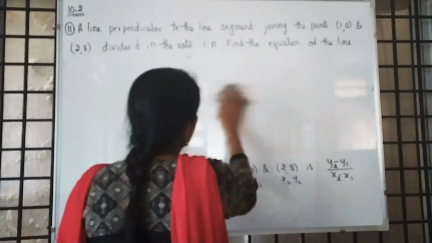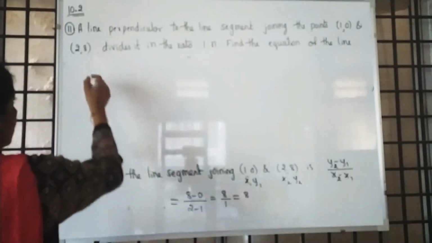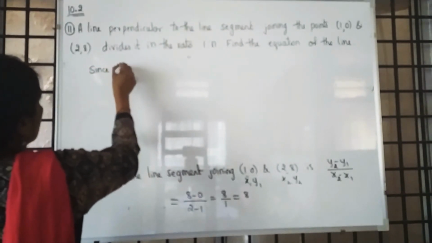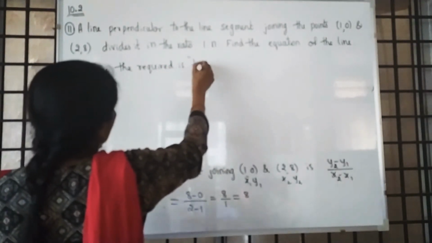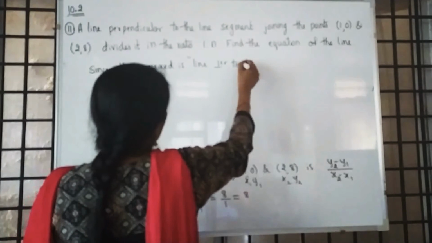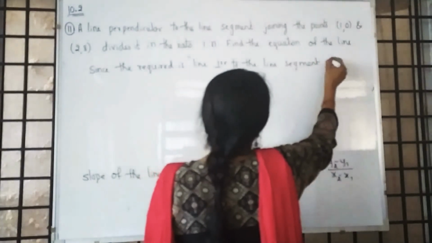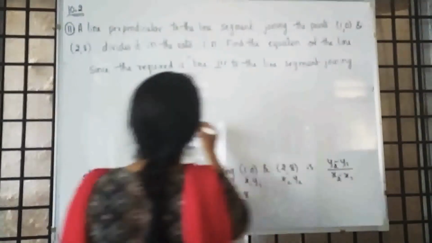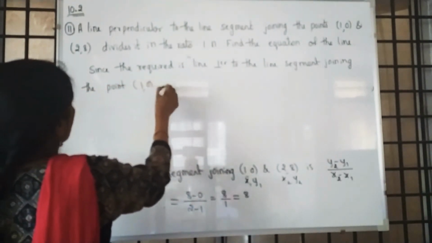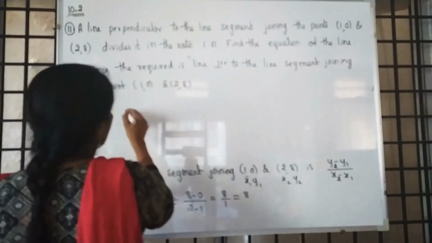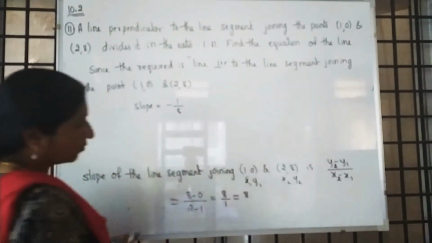Since the required line is perpendicular to the line segment joining the points (1, 0) and (2, 8), therefore the slope is equal to minus 1 by 8. Now you know the slope and you know the point.